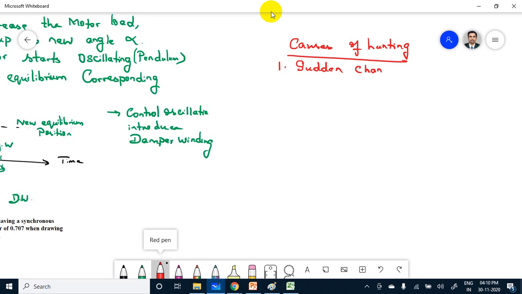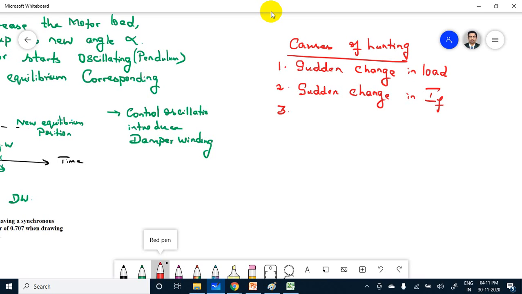How will the hunting be caused? Due to sudden change in load. This is my first point. Second point, sudden change in field current, IF.